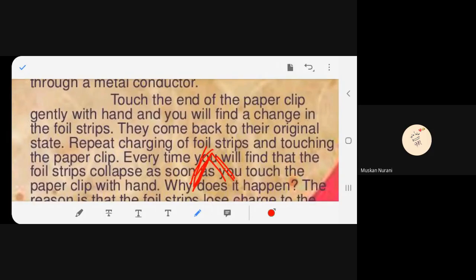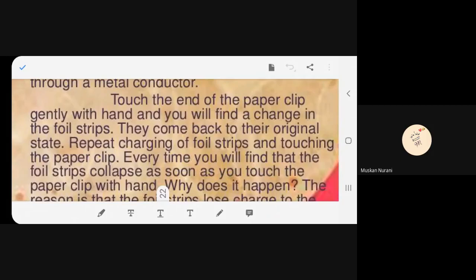When you touch the one end of the paper clip with the refill, it becomes wide. But when you touch with your hand or a finger, it again comes back to its original place. Is it clear? That means the static electricity is gone. So they come back to the original state.